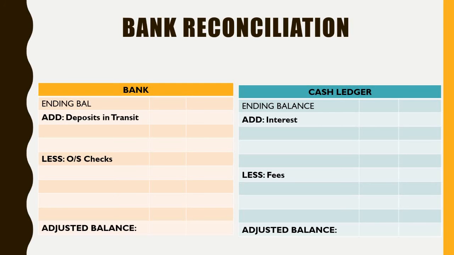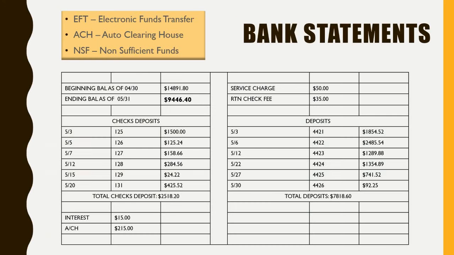But when we do our examples, you can choose which side you want to do first, okay? So the bank side. First thing we have to do is grab our ending balance, and that's going to be located on your bank statement. Usually at the very top of your bank statement, you'll have your beginning balance of what you started with for that month, and then you're going to have your ending balance, what you had at the end of the month.